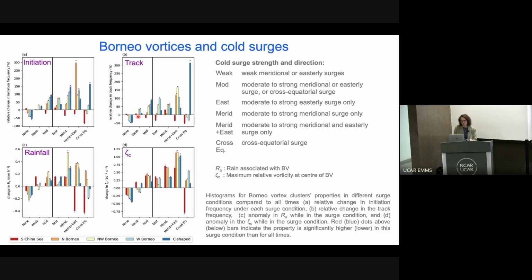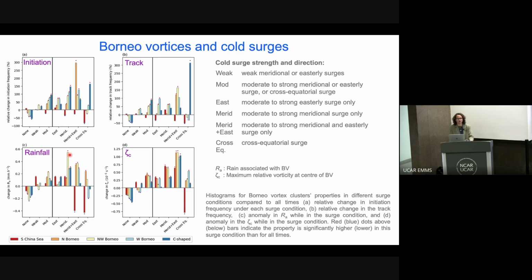We also get a modification of the track. So we see the same behavior in the no surge conditions. And again, you can see the stronger the surge, the stronger the impact on the track. And we get here for the strongest surges the biggest impact on the northwestern Borneo vortices. You can also see from this track that the cross-equatorial surges are linked to the C-shaped Borneo vortices by far.